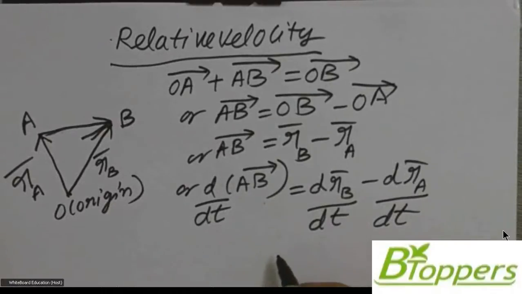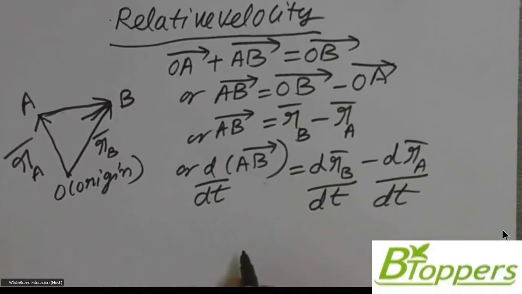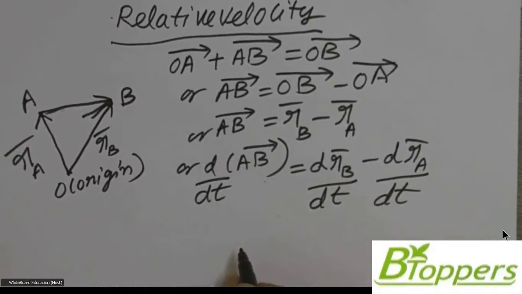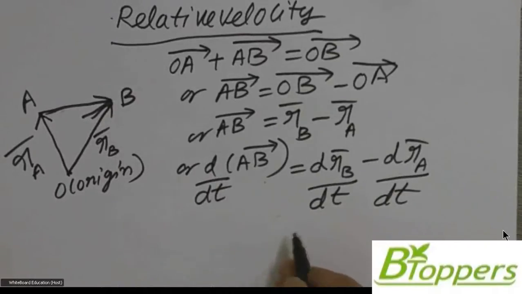Of course, later we are going to discuss in kinematics the terms average velocity and instantaneous velocity, but some of you may be familiar with those terms from the lower school classes and also the junior intermediate classes.